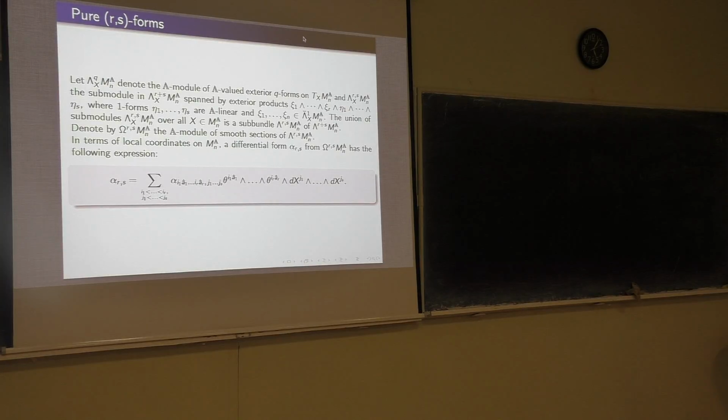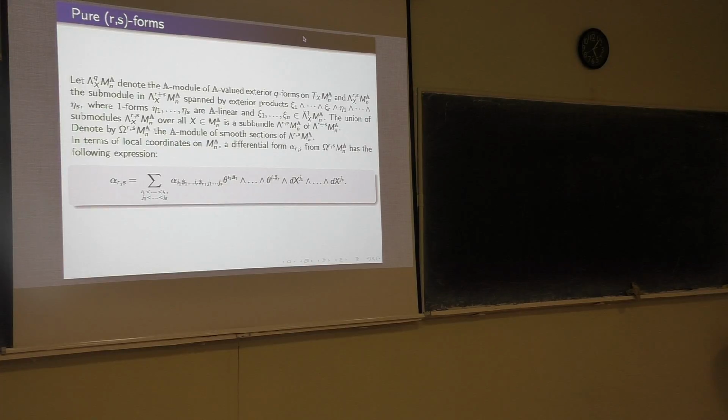And so we can take the submodule in the module of R plus S forms on MA, such that its basis elements are divided into two groups.